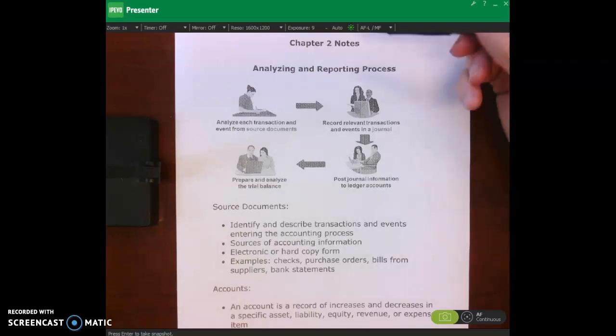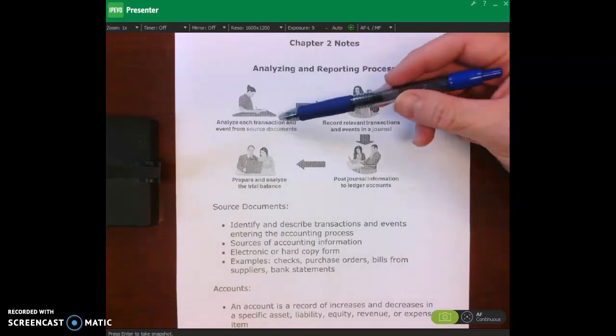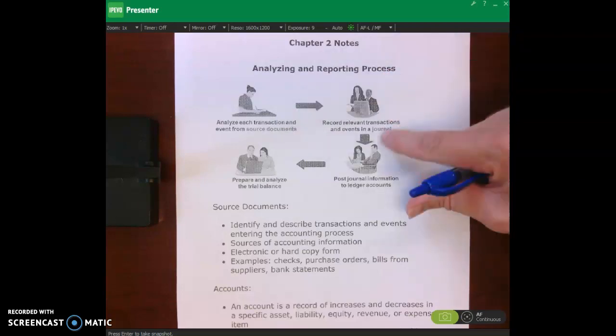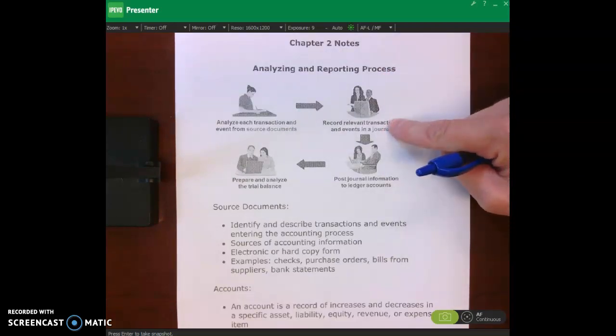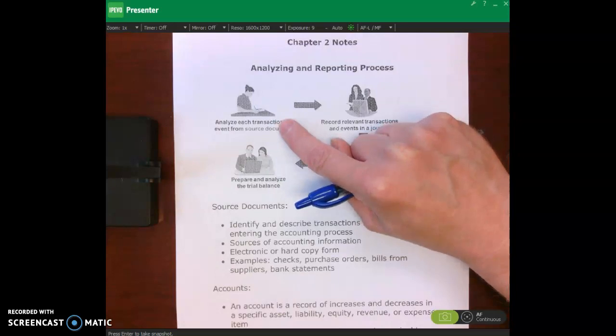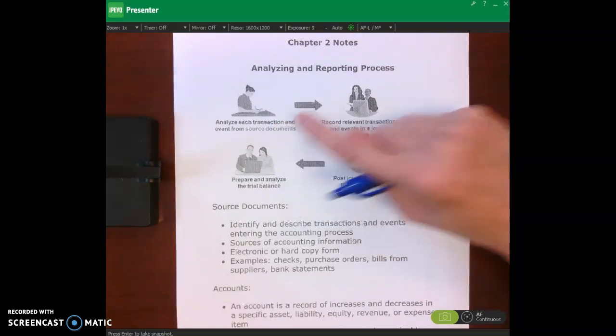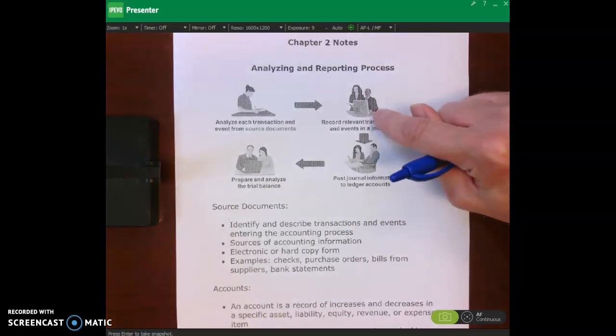So when we talk about analyzing and reporting, what we're talking about is analyzing transactions from source documents and recording those transactions. So we have to analyze a transaction. How do we know that the transaction occurred? Well, we look at the source document. And then we want to record those transactions. Where do we record those transactions?